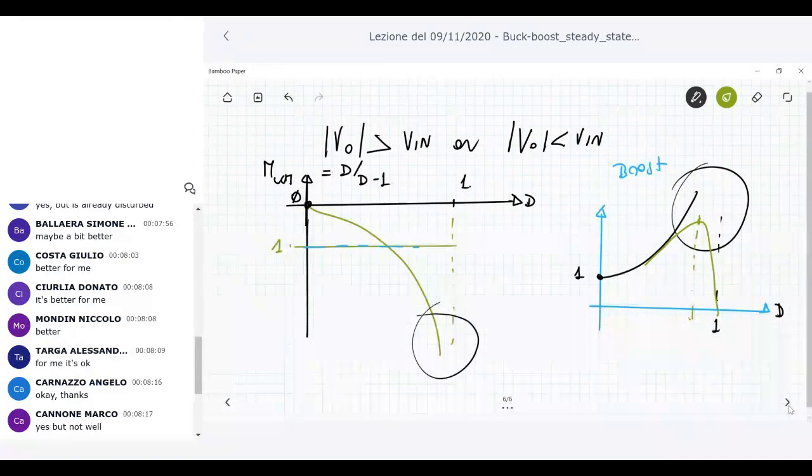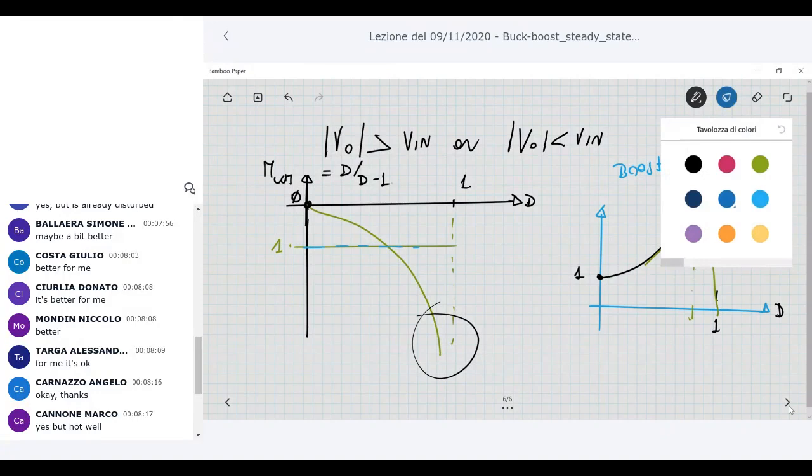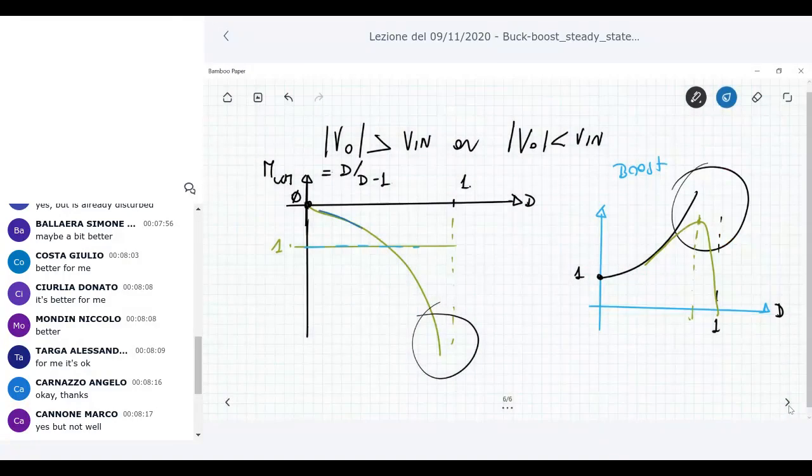Okay, so you have the maximum. And the same happens here. It's not possible to reach something which is infinite. In real practical circuits, what you obtain when the duty cycle is 1 is that you cannot have any output voltage.